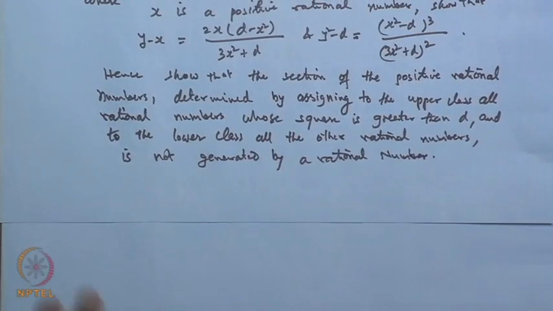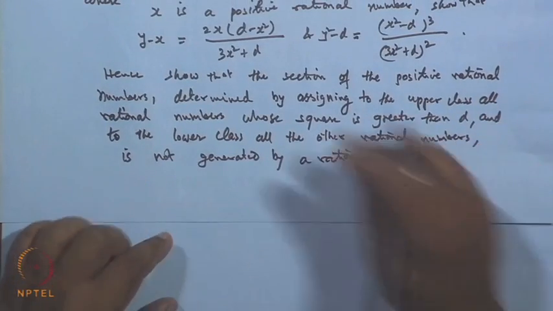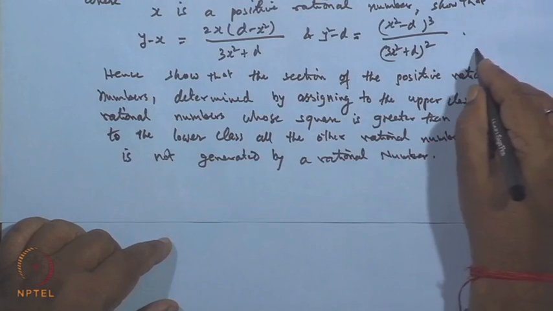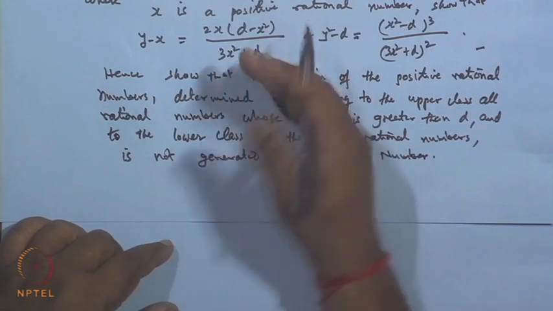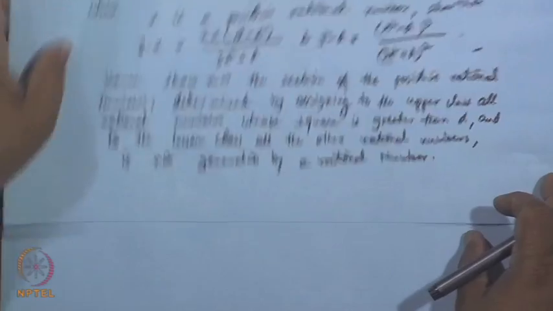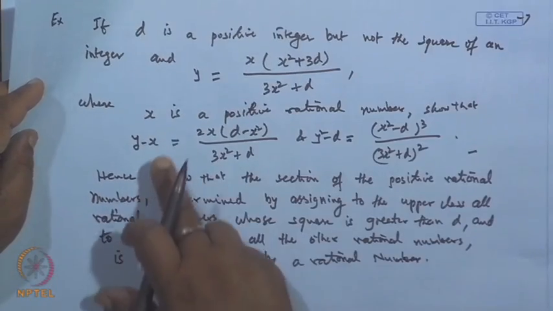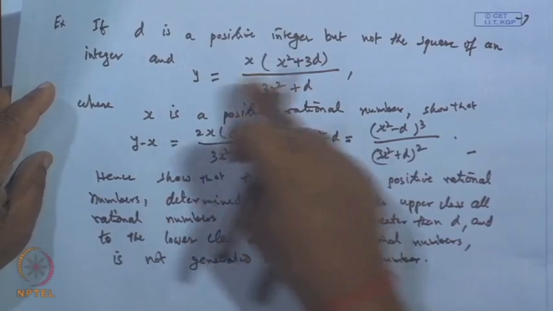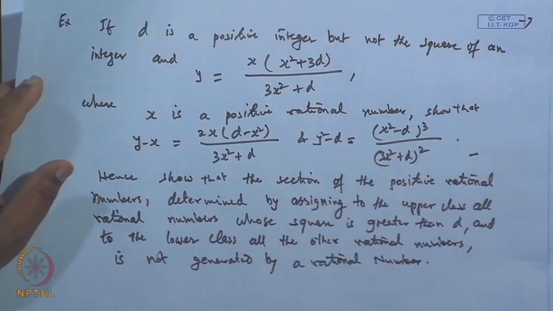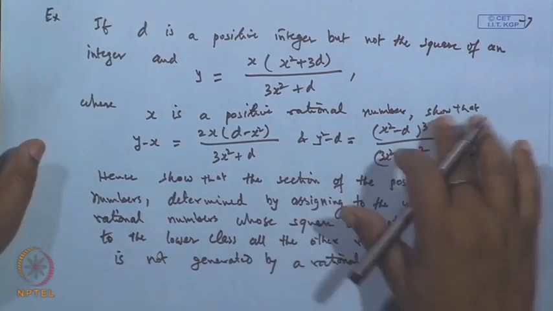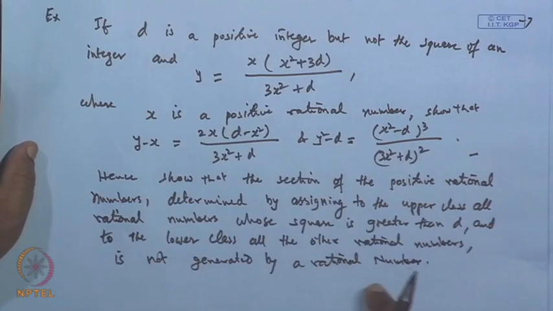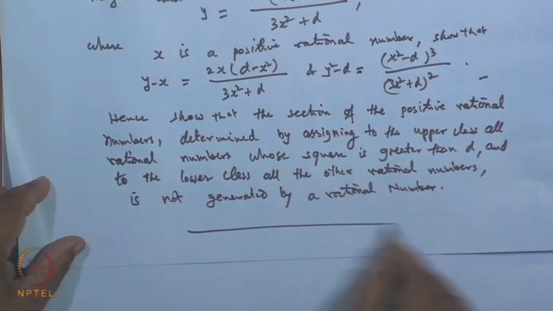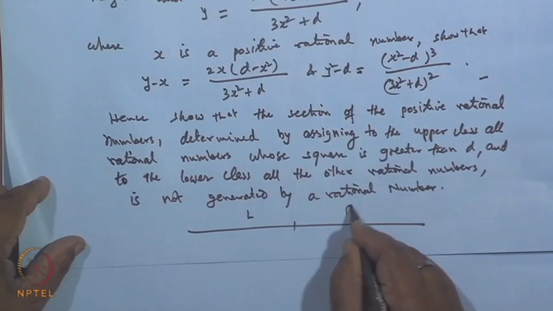Let us see the first part of this. I am not interested in this, because it is a routine thing. You are given x, so you find the expression for y minus x and for y square minus d, just simple calculation. But this is required while showing that this section is not a rational number. This is our lower class, this is the upper class.